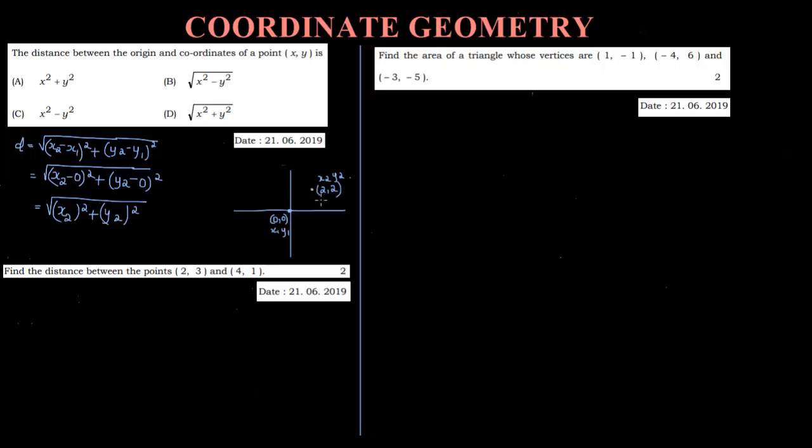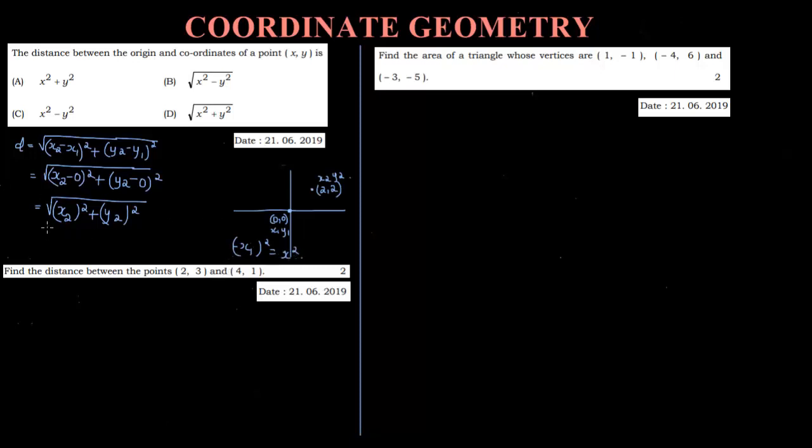If you had taken it the opposite way, with x2, y2 and x1, y1 swapped, you would have got some negative value, but the square of any negative or positive number is positive. So maybe it is minus x1 whole square, which is minus into minus plus, so it will be x square itself.